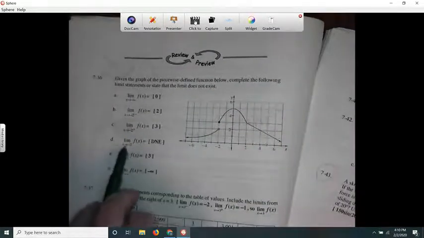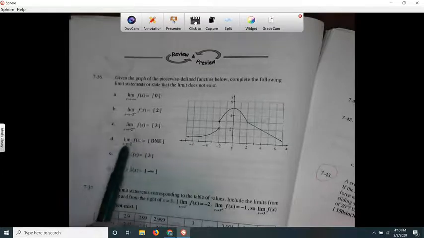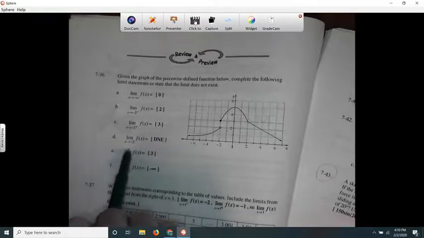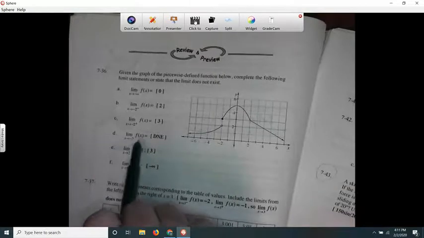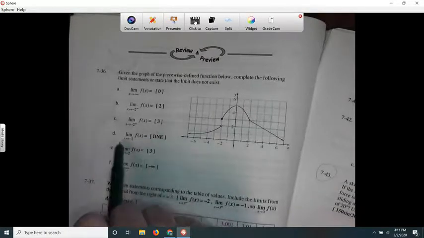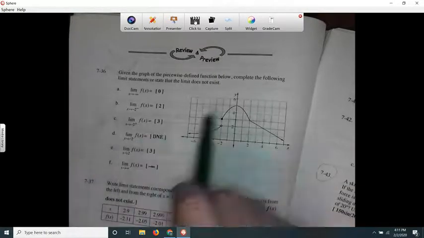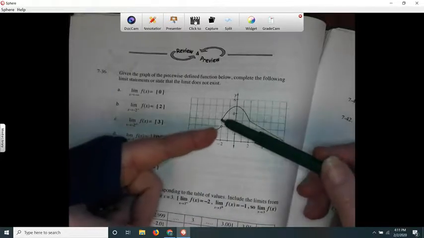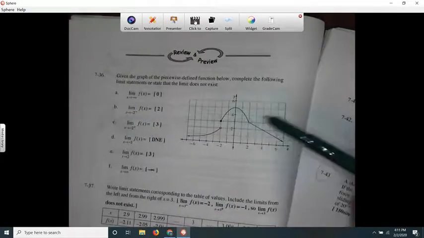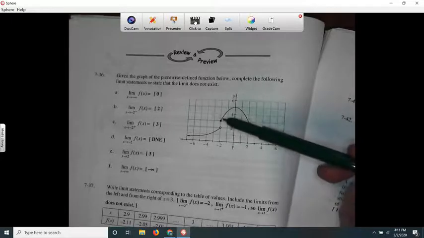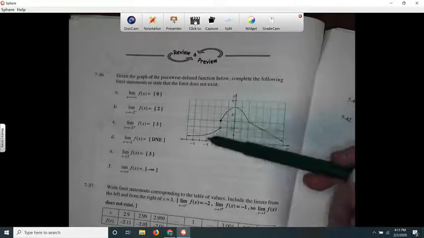And that's what's happening here, because they didn't denote with a negative or positive which way you're approaching -2. You're meant to read this as the limit of f of x as x approaches -2 from both ways. It's a different place. You have to tell me if I'm going from the left or the right.